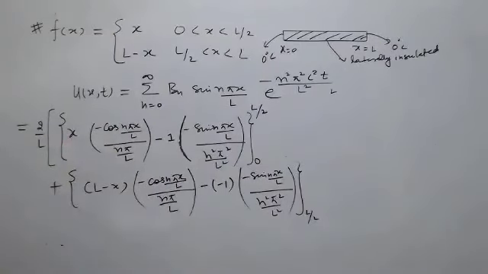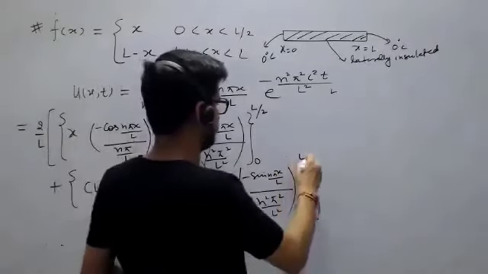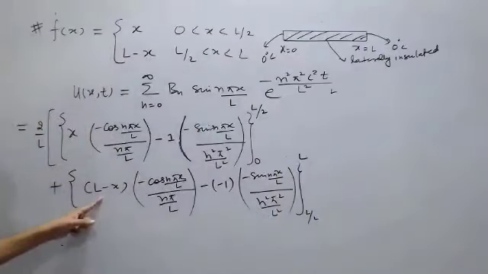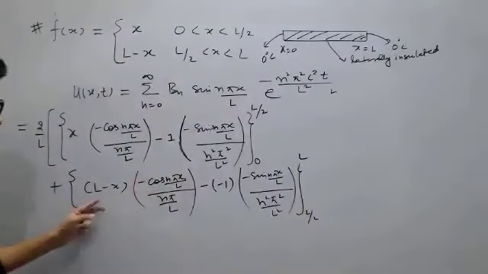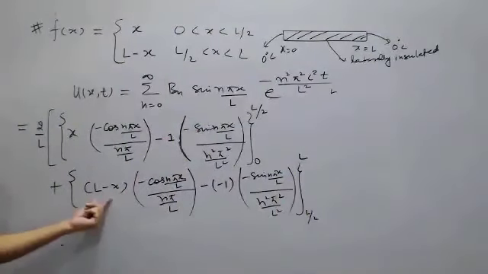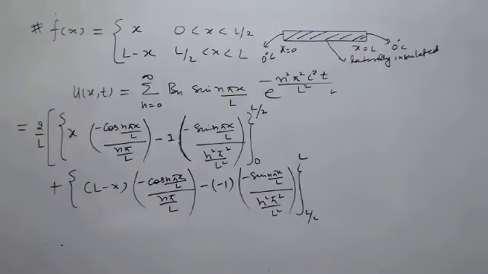And minus here. And what about this side? The upper limit is 0 and the lower limit is L by 2. So you will get minus L by 2, minus L by 2 and the same term cos. So what is happening?